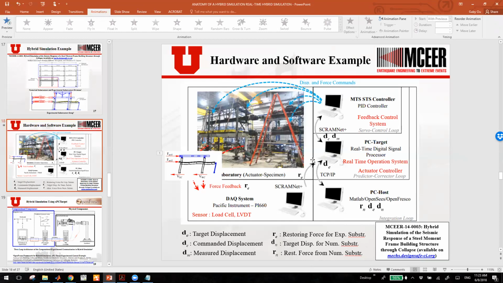And then they send the boundary condition displacement through a PC target, which is a real-time operating system, for actuator control. And that will convert their desired displacement to a command to the MTS controller. So that is their servo valve controller. That is what I mean by, if you have the material test, then you have a controller to control the actuator to perform the material test.